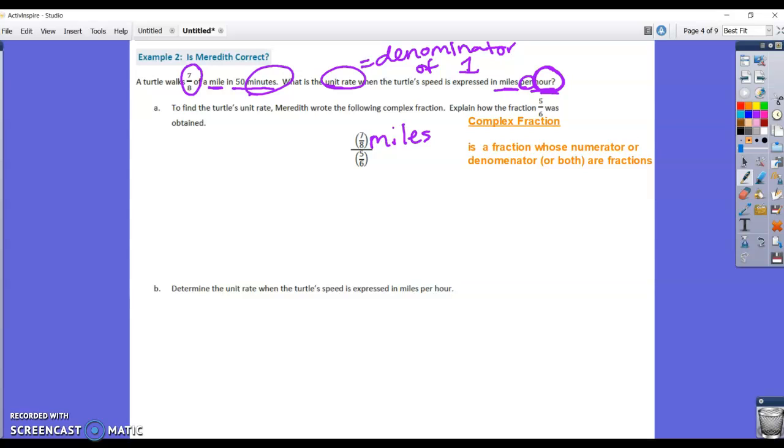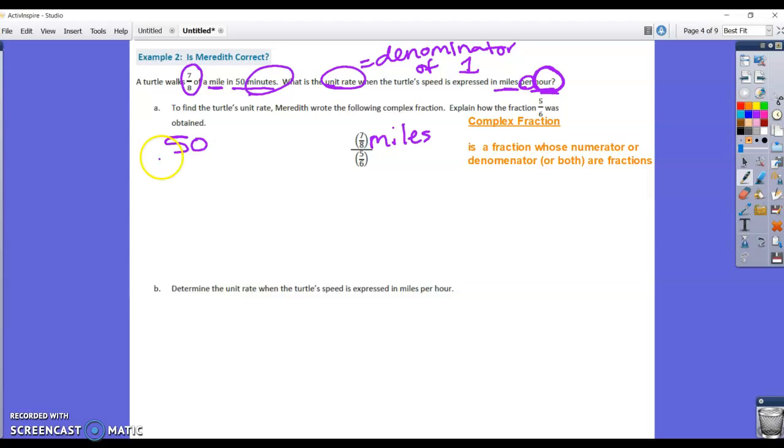In 50 minutes. So we know that the bottom, it's miles per minute, but we were looking for miles per hour. So therefore, 50 minutes is what we have. And so we're having to change it to the number of hours.